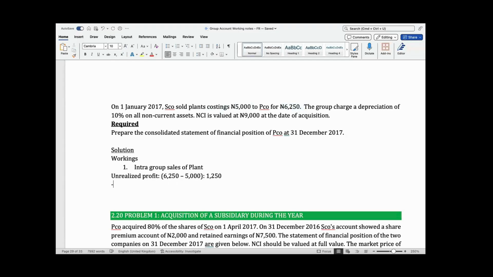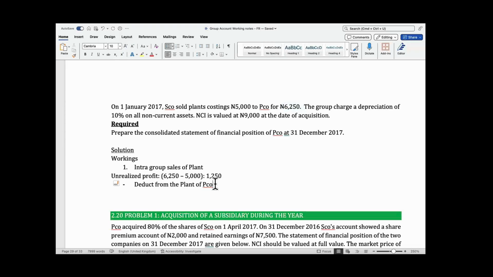This profit, we're going to deduct it from the plant of Pico. Pico is carrying the plant in his books at 6,250, so we need to remove that profit element. They can't make profit from themselves.